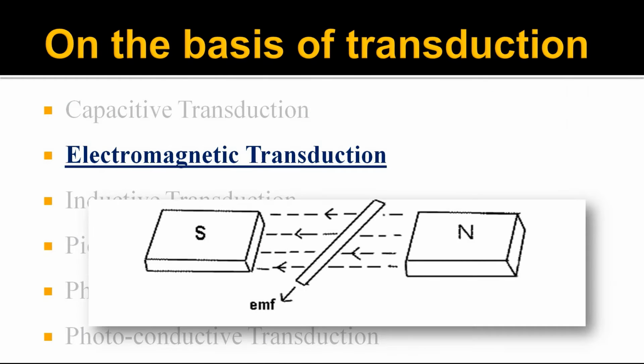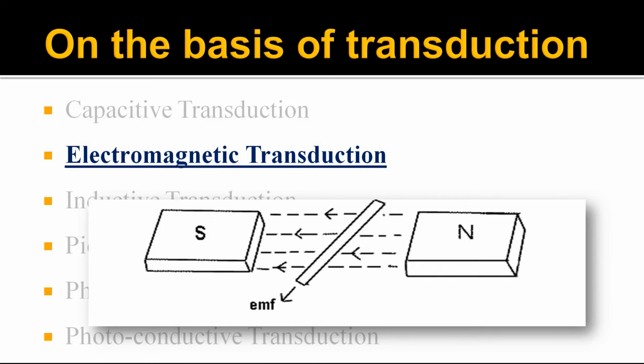The next is electromagnetic transduction. According to Faraday's law, whenever a conductor is placed in a varying magnetic field, EMF is induced, and if the conductor circuit is closed, current is also induced. The instantaneous EMF induced in the conductor is directly proportional to the time rate of change of the magnetic flux through the conductor.